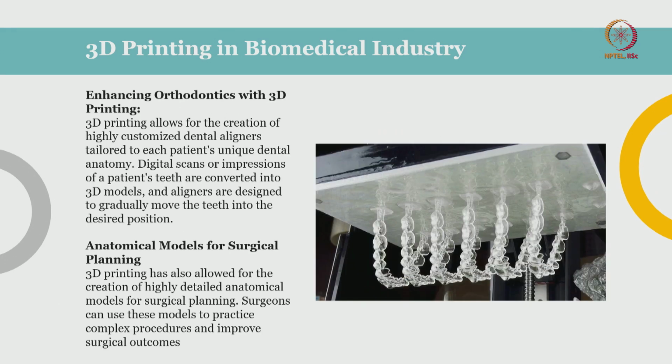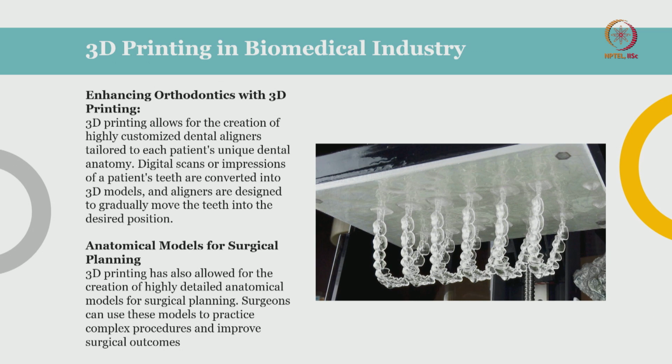So we have seen different kinds of dental aligners. Nowadays even doctors scan a patient's mouth with 3D scanners. There are very small 3D scanners available in the market which can scan a patient's mouth with high precision and high detail.